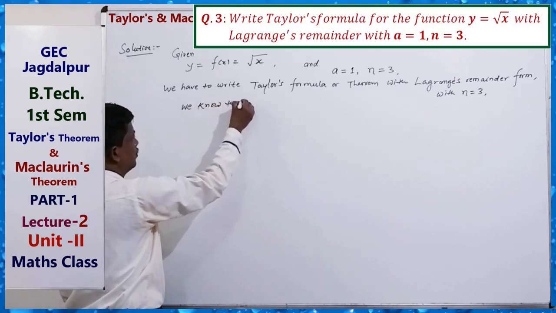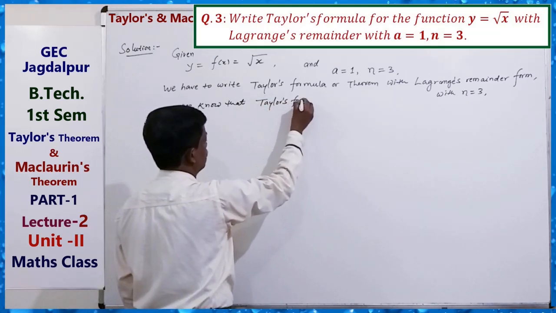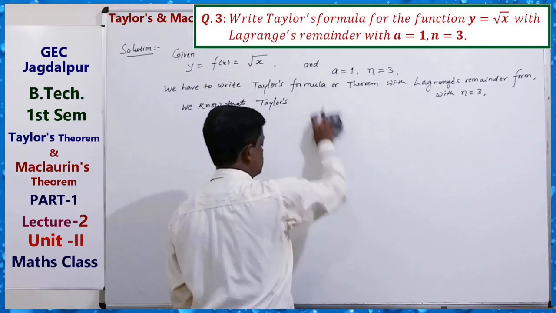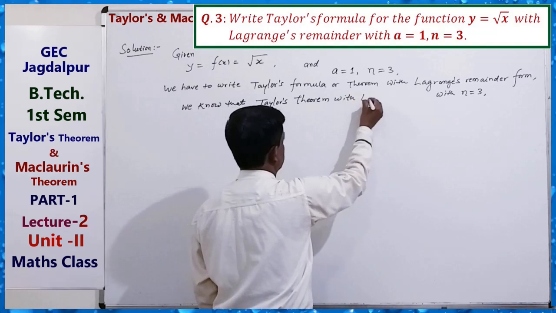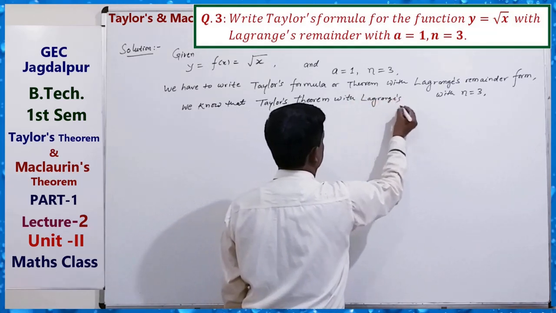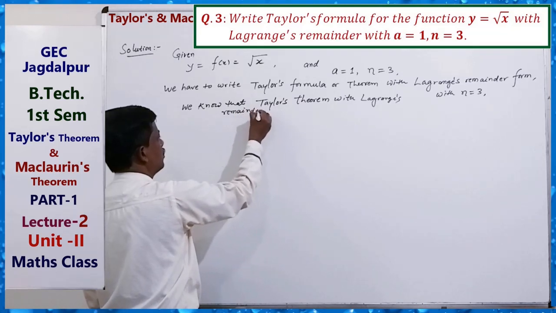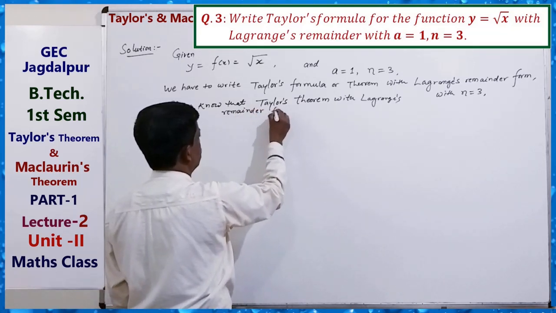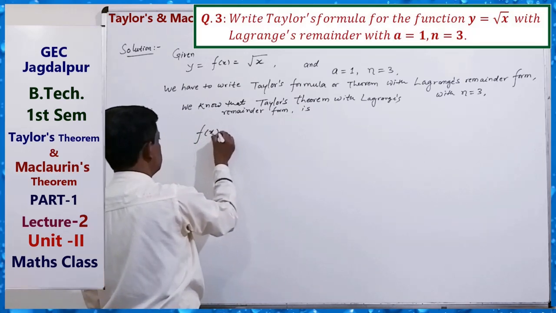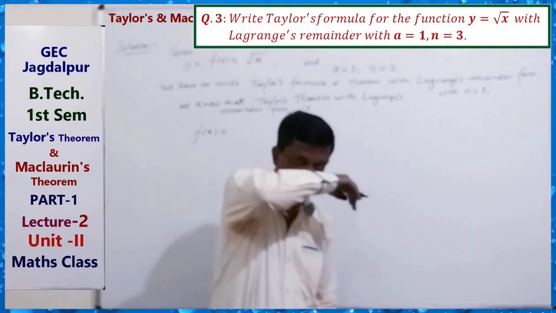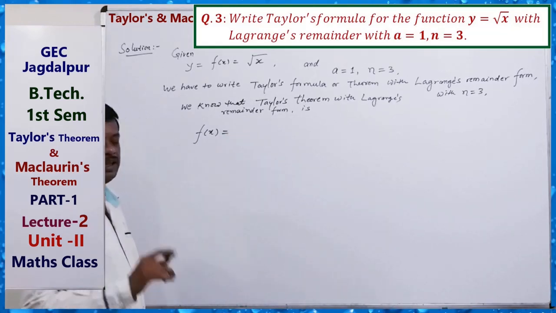We know that Taylor's formula or theorem with Lagrange's remainder form is f(x) equals, and here a equals 1, not 0.